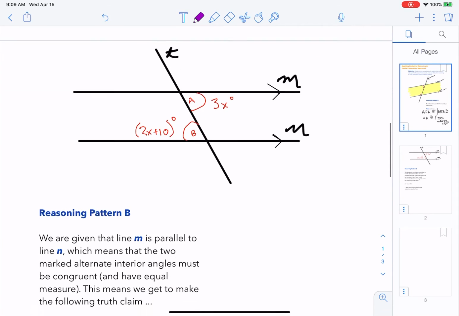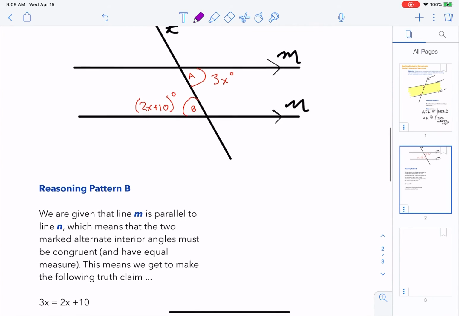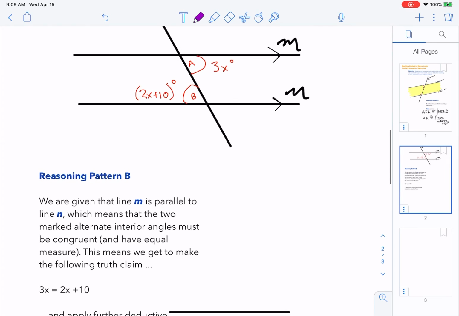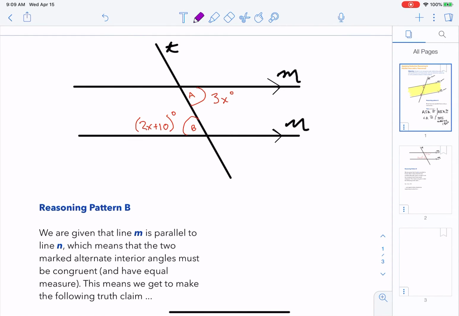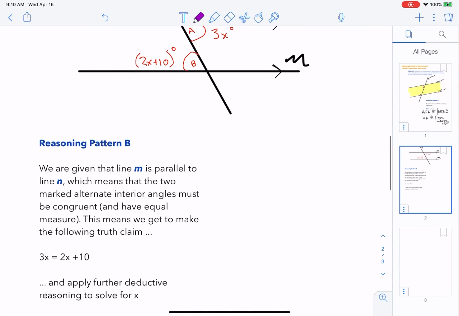Okay, next piece. There's a second reasoning pattern that you need in order to succeed at this. And this is a problem where we're given that lines M and N are parallel. They're cut by a transversal T, and then we have angles, I'm calling them A and B. You can call them any letter you want. The A and B are just placeholders. But we know that angle A is 3x degrees and angle B is 2x plus 10 degrees. And here's our secondary logical reasoning pattern.